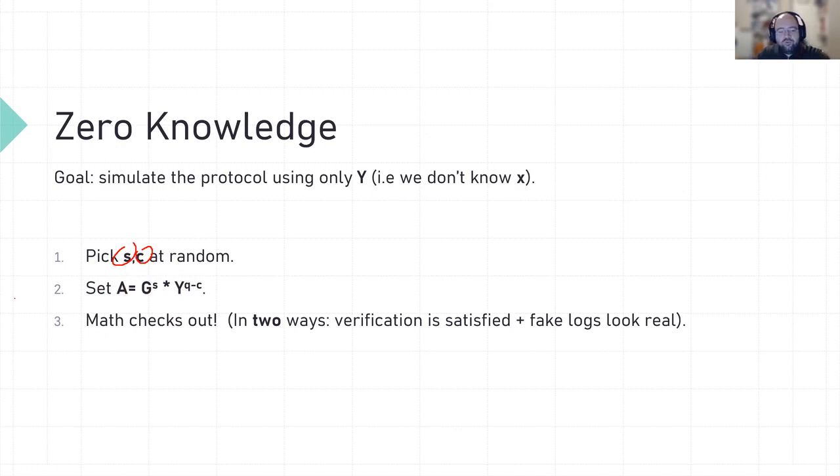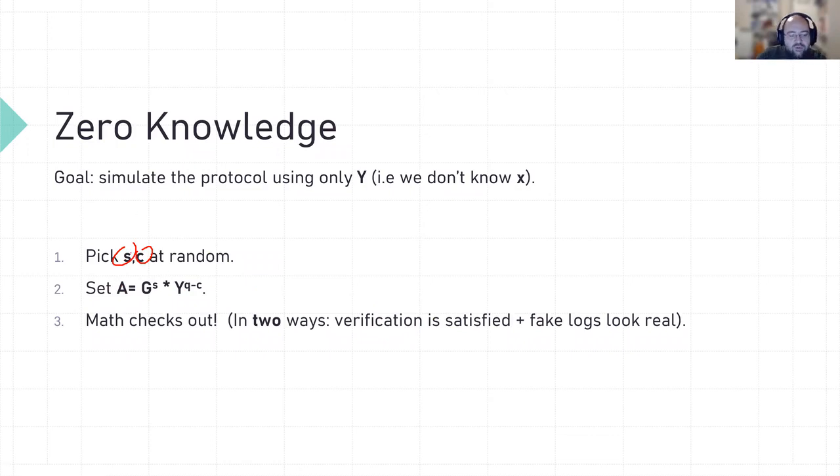Why? Well, first off, because the values we picked make the verification equation check out. And this is because we picked the one value of A that actually makes it work out. And the other thing that takes some extra math to work through is that the fake logs look the same as real ones.